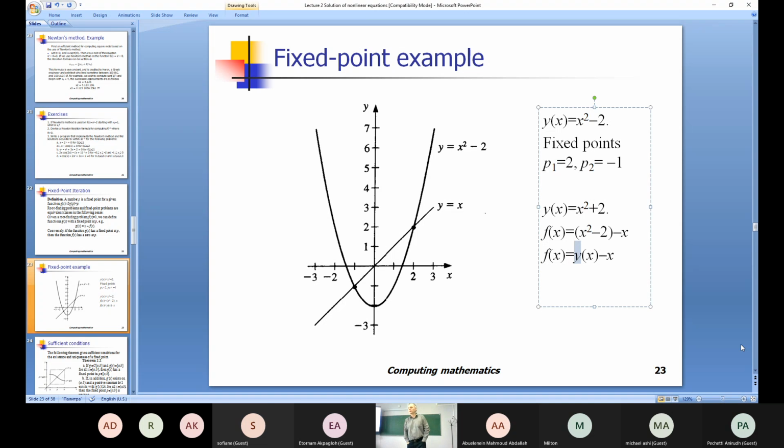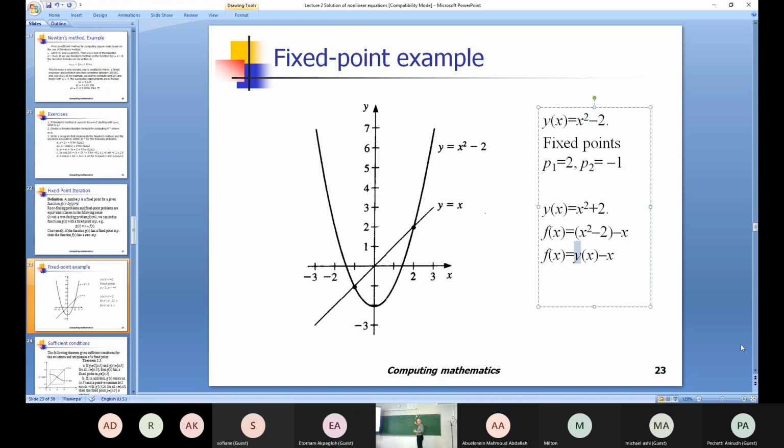Why you add minus? Just because I told you, subtract x. This is a rule how to convert the fixed point problem to the root finding problem, and how to convert root finding problem to the fixed point problem.